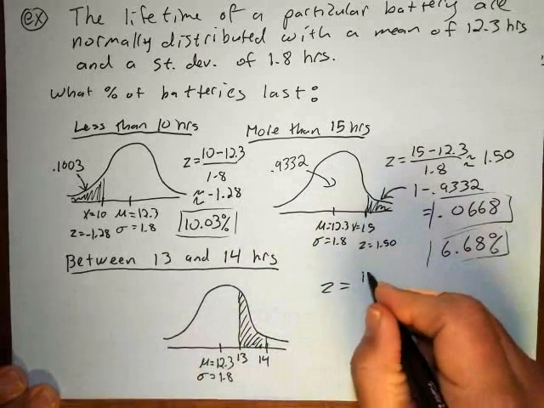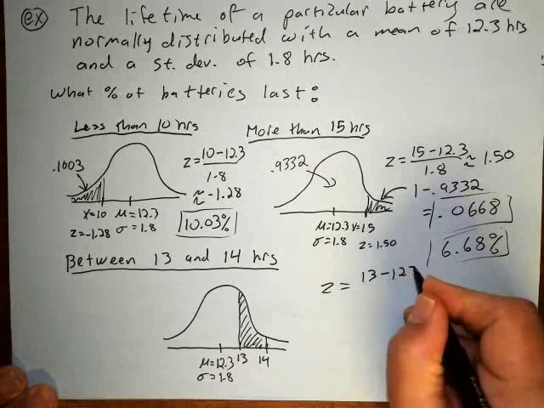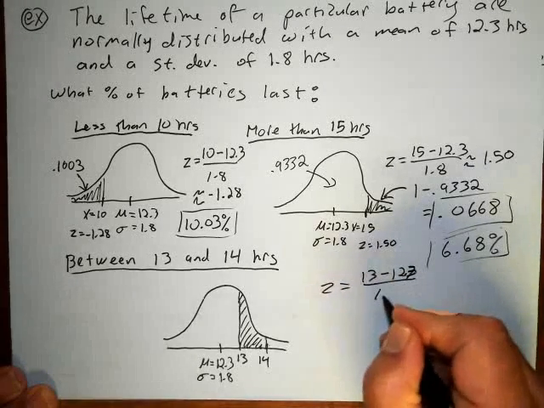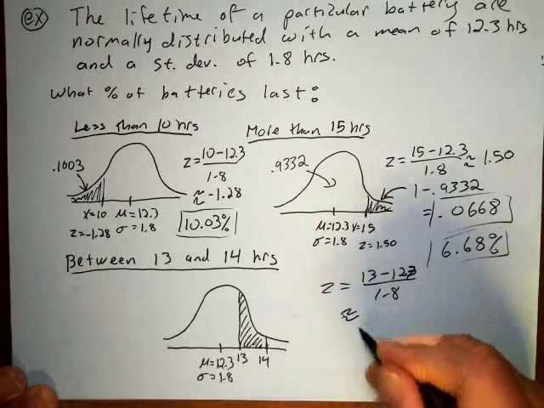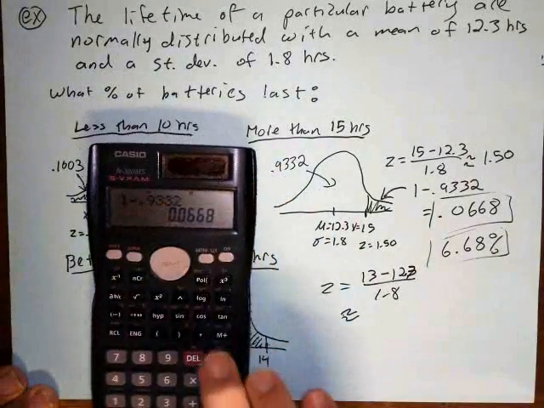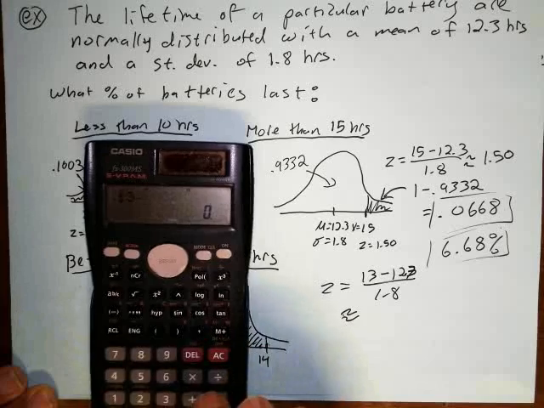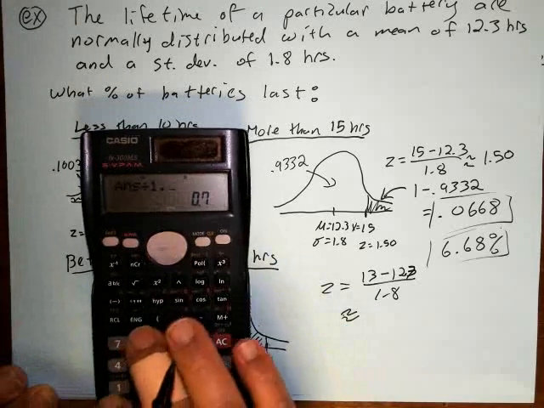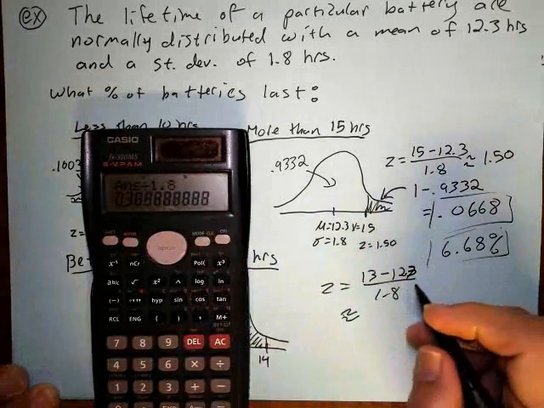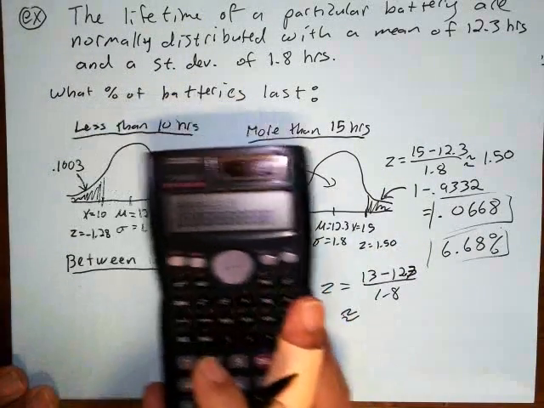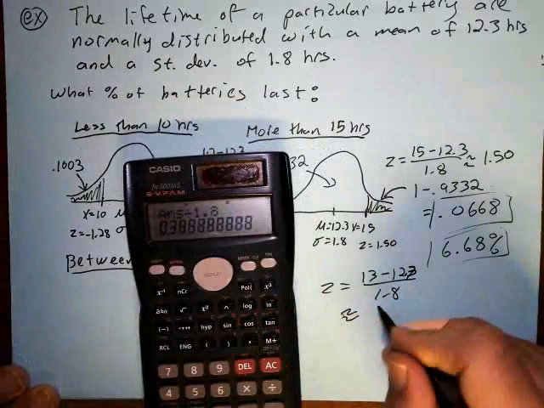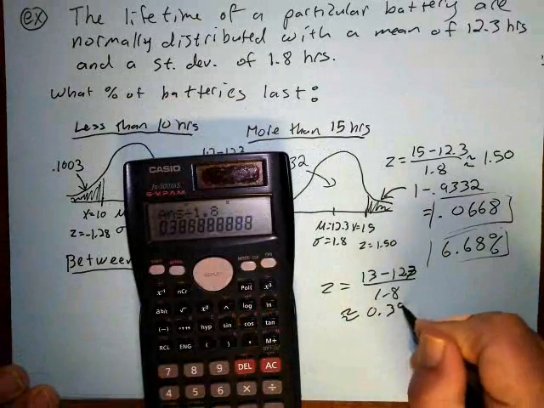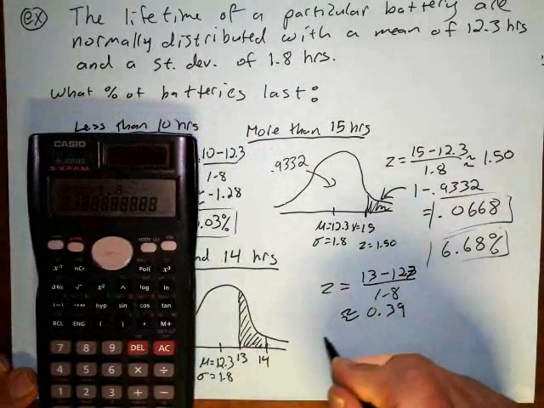For 13, it would be 13 minus 12.3 divided by 1.8, and we get 0.39 when I round to 2 decimal places.